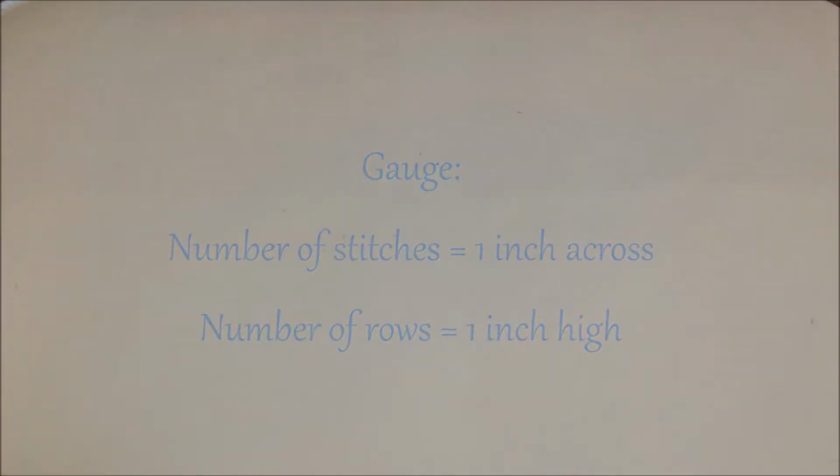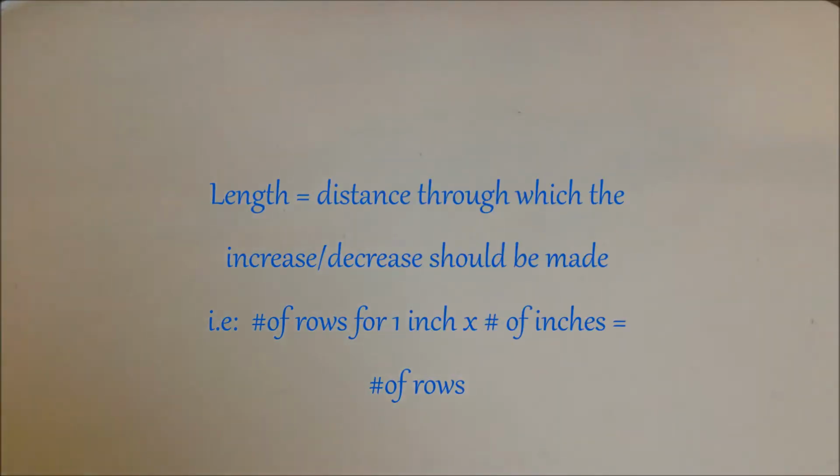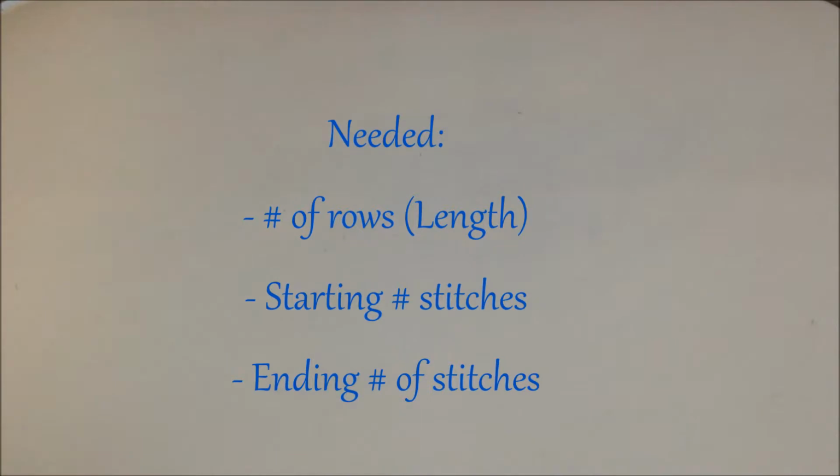So you want to do it horizontally as well as vertically. After you determine that, you want to determine the length that you need and convert that into how many rows it would take you to cover that length. Once you have your number of rows, your starting stitches and your ending stitches, we can get started.